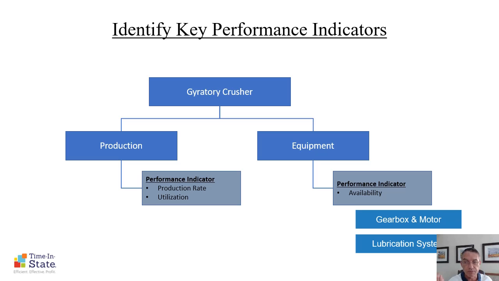Those are the two components that the production guys will monitor. From equipment point of view, availability is an important aspect, and we will look at the gearbox and motor, as well as the lubrication system as separate items to monitor.